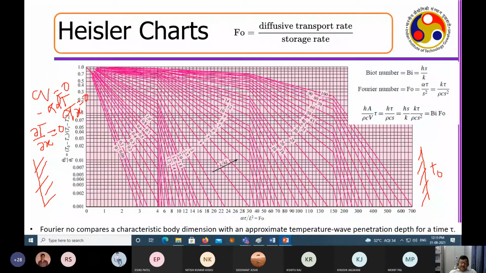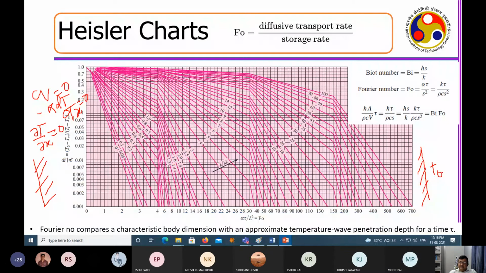If Q has to be 0, dT/dx has to be 0. This boundary condition is called the heat flux boundary condition. You are not defining a temperature across the boundary; rather, you are telling the gradient to be 0. This type of boundary condition is called the Neumann boundary condition. This type is called the Dirichlet boundary condition.